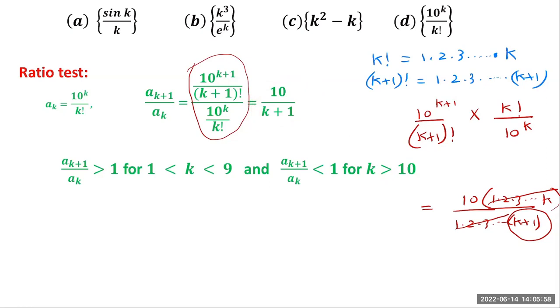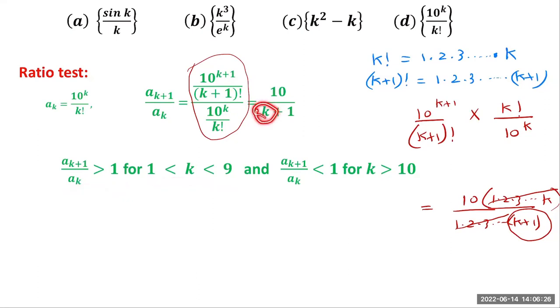Now how do we determine the monotonicity? Is it monotone? Monotone means either increasing or decreasing. Eventually monotone means eventually increasing or eventually decreasing. Notice that this ratio a_{k+1} over a_k is bigger than or equal to 1 if your k is between 1 and 9.